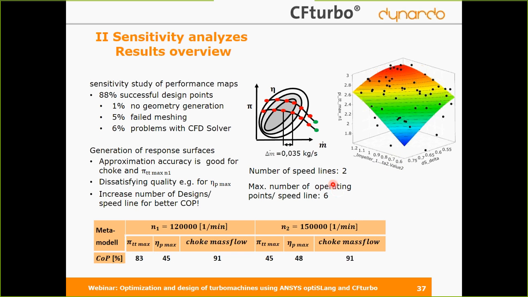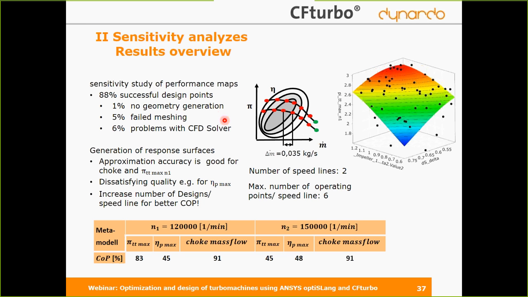Now let's have a look at the results. In this case, the corrected mass flow has been constantly reduced by this value, and a maximum number of operating points per speed line was 6, and the number of speed lines has been 2.